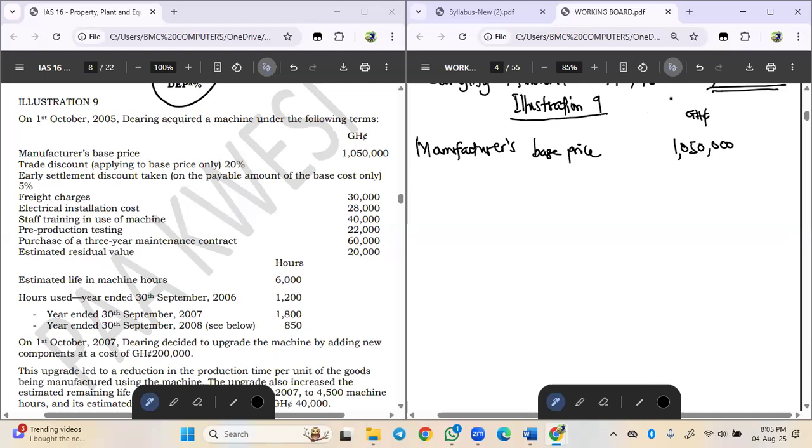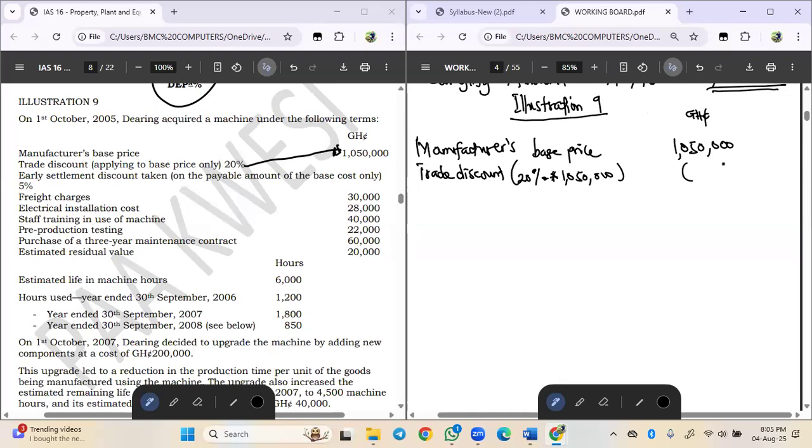That's what the standard says. All right, so you deduct your trade discount from it. And we said the trade discount is 20% applying to the base price only. So 20% of the base price. That is 210,000.